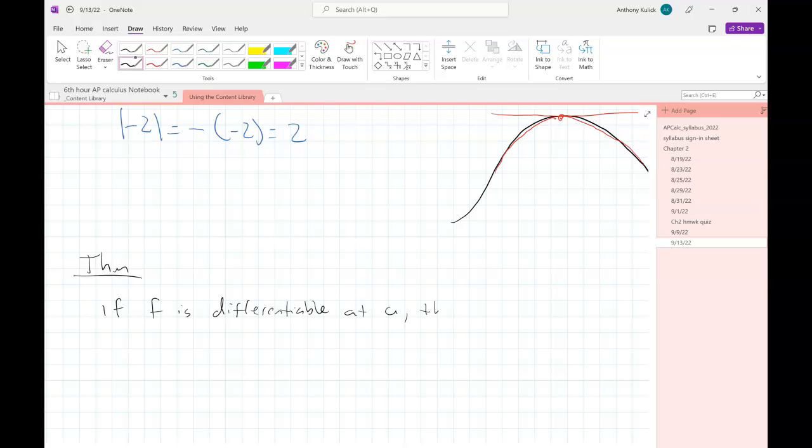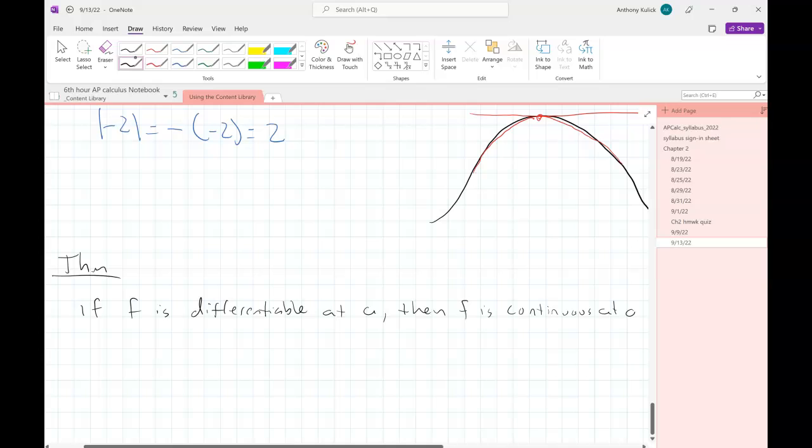Yes, because the left-hand limit and the right-hand limit do not agree. Okay.